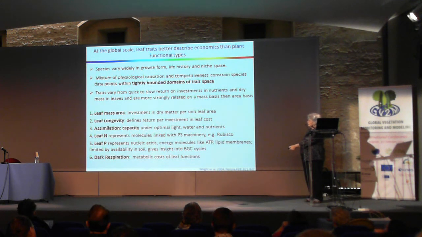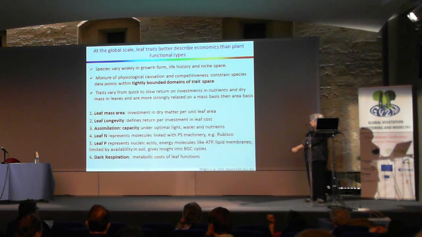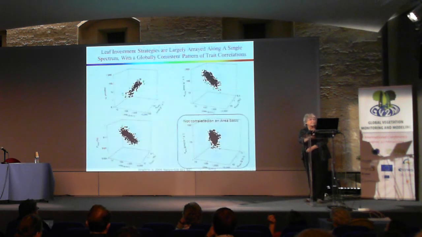Phosphorus is more or less the same thing, except it's associated with nucleic acids and energy molecules like ATP and so on. These two are highly correlated, and they usually have the same slope in a lot of data sets. Phosphorus also gives insight into biogeochemical cycling, because it's limited mostly by availability in the soil. And then there's dark respiration, which of course is the hardest thing to derive.